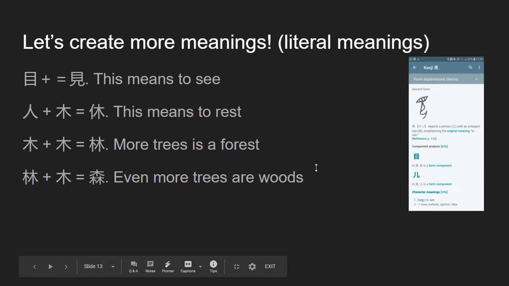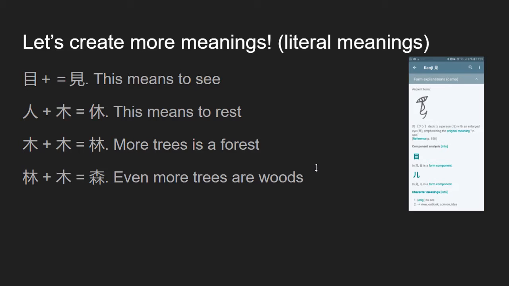We create some more meanings, and we can see this is the old kanji for to see. What you can see here is an eye, and you can see a line. In its developed version, they're legs.